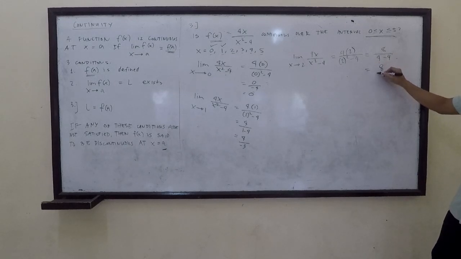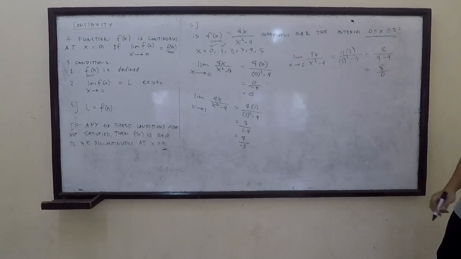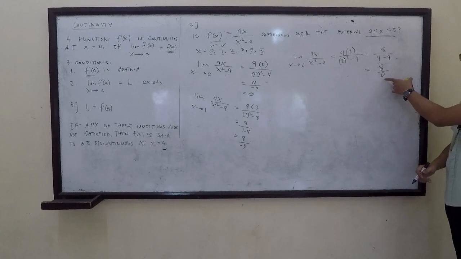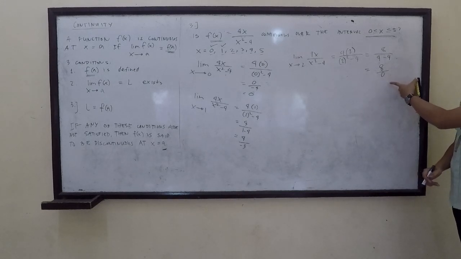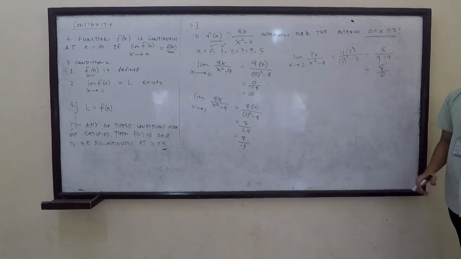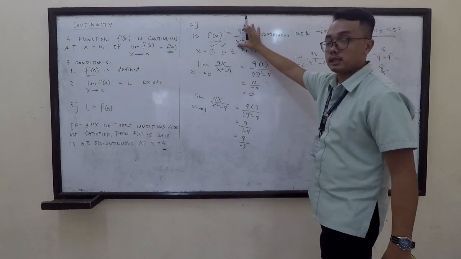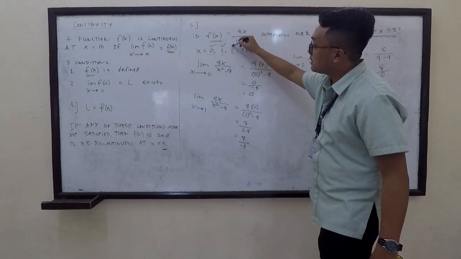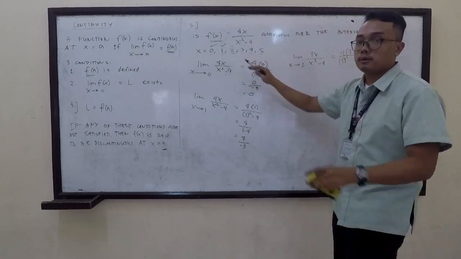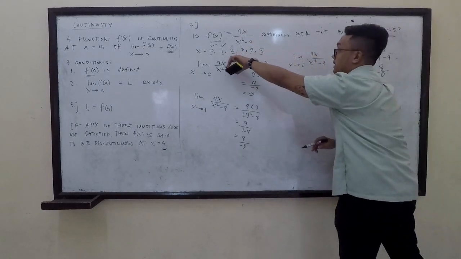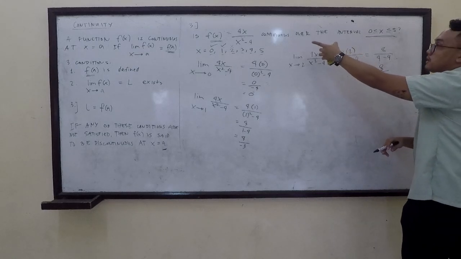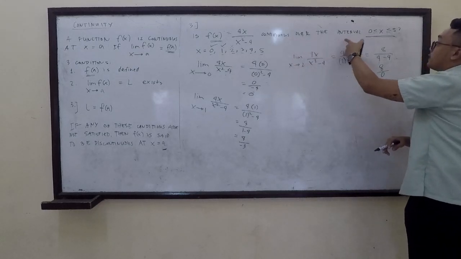Then 8 divided by 0. So this is an undefined value because we are dividing by 0. So therefore, this function is not continuous at 2.